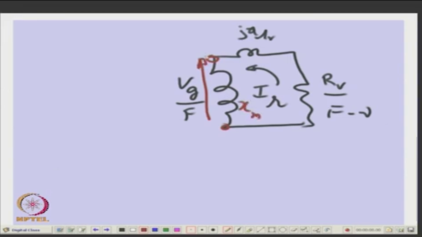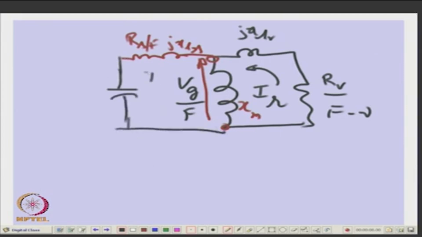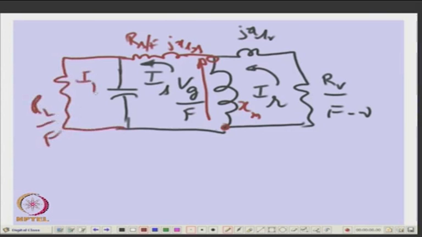Then you have the stator leakage resistance Rs by f and j XLS, and you have connected the capacitor here, this is Is, and you fix the load here, RL by F, and this is your IL, this is IC.